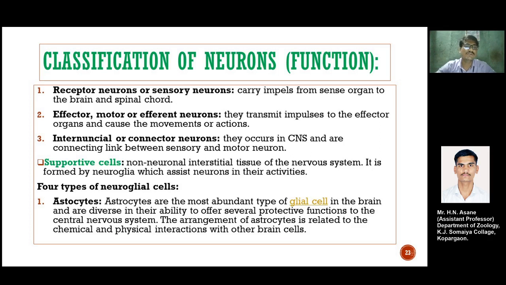The neurons functioning in these sensory organs are the receptor neurons or the sensory neurons. The second main classification of the neuron is the effector or motor neurons.